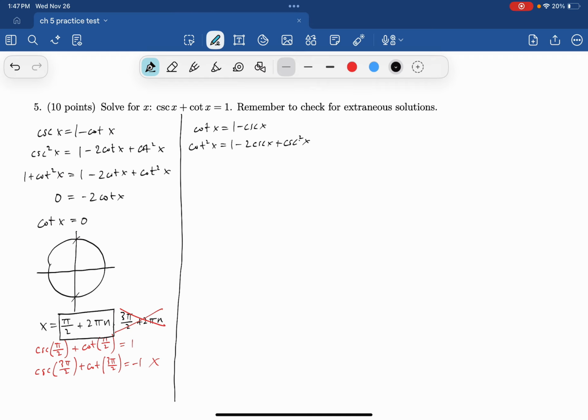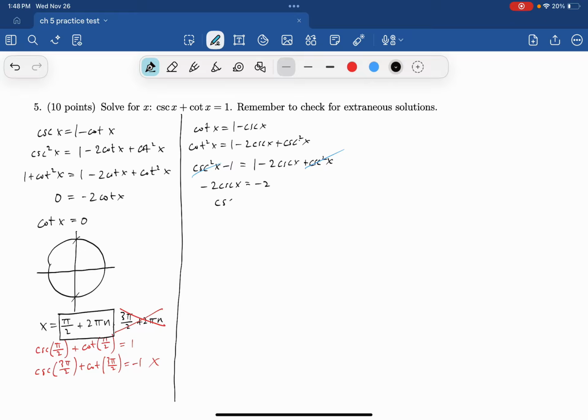Okay, now converting the cotangent squared to cosecant squared minus 1. That becomes this. So these cancel out. And we're left with -2 cosecant x equals -2.